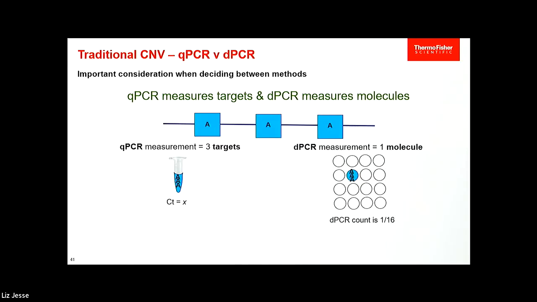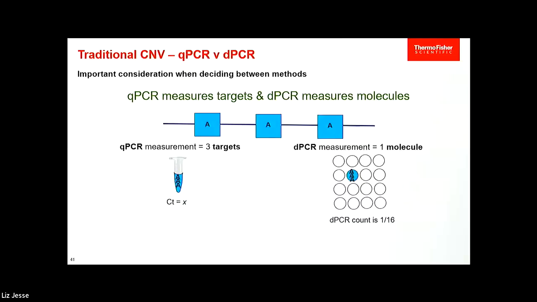Occasionally, you might get insertions that are multiple copies. Now, if you had multiple copies, they would all show up as single molecules of interrogation. But if you had insertions in tandem, if you were going to take that reaction here, so in qPCR, you would see a 3 versus a 1, but you still wouldn't know how that incorporation occurred.